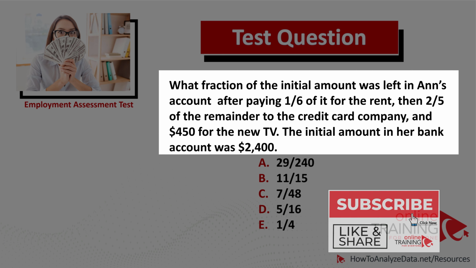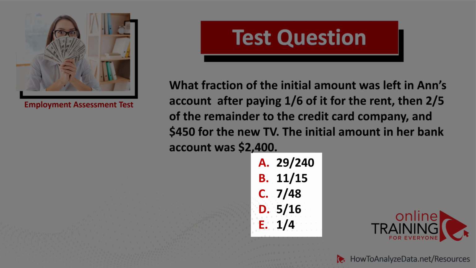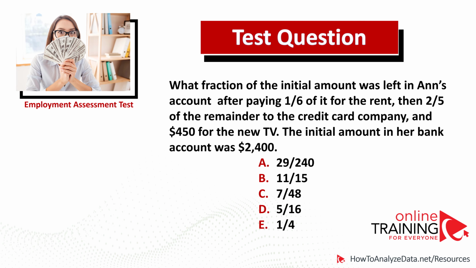The initial amount in her bank account was $2,400, and you're presented with 4 choices: 29/40, 11/15, 7/48, 5/16, and 1/4. Do you think you know the answer, or do you know how to calculate it? Let's see if we can get to the correct answer together.